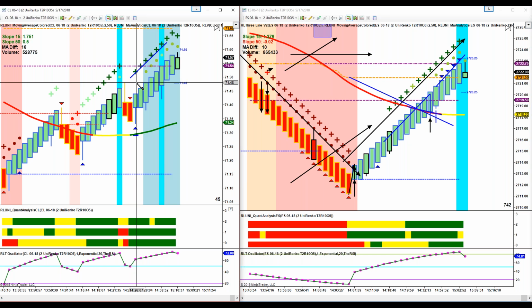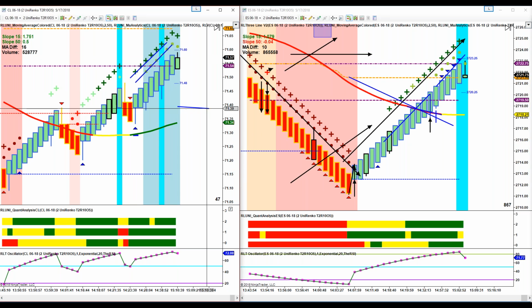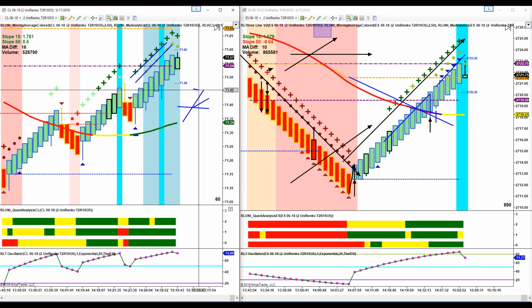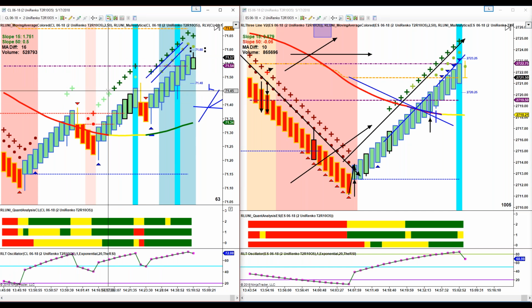On the slower speed, where you get the dots, the 15 is above the 50. The 50 is sloping up. Price is above both when you have the darkest dot. When you have the lighter dots, like this, that's where you have the weaker trend.